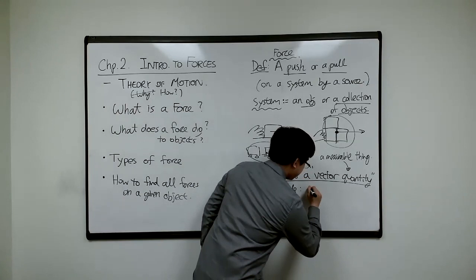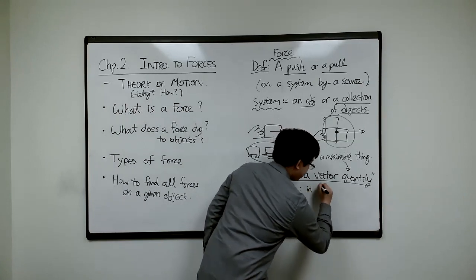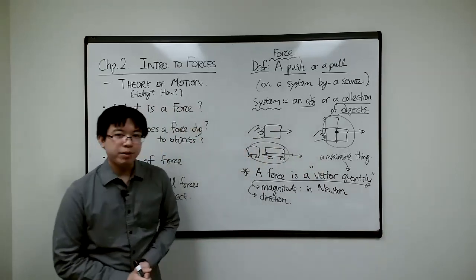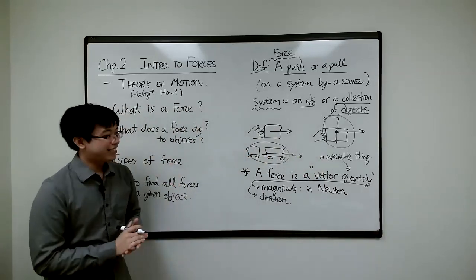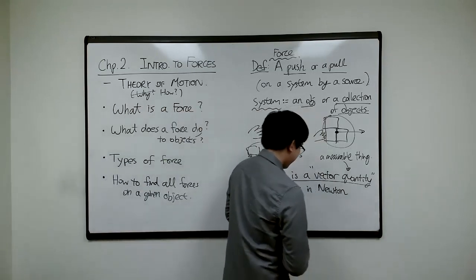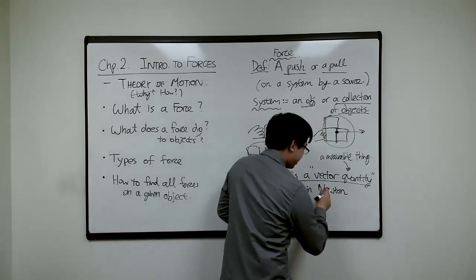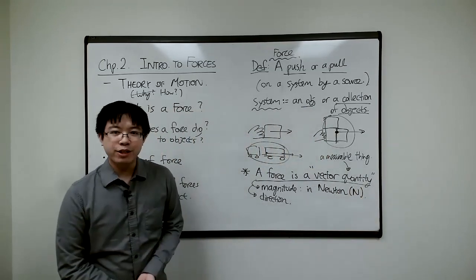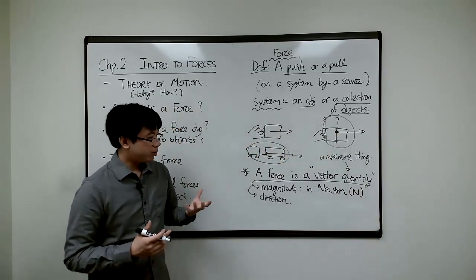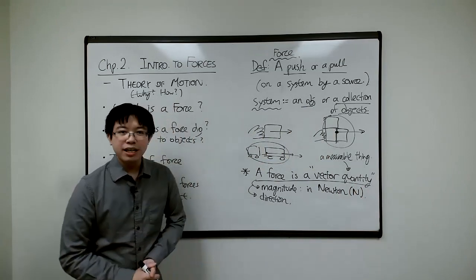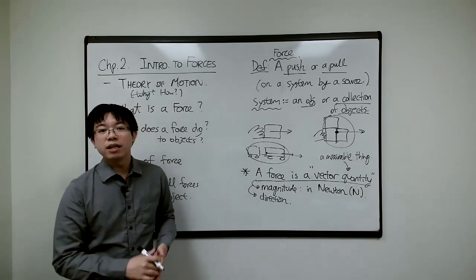The unit is the newton, because Newton was the British guy who did a lot of research and wrote a book on it. We start using newtons as a unit, and we'll shorthand it with capital N. So we'll talk about a force of 1 Newton, 2 Newtons, 1,000 Newtons, 0.1 Newton, whatever.